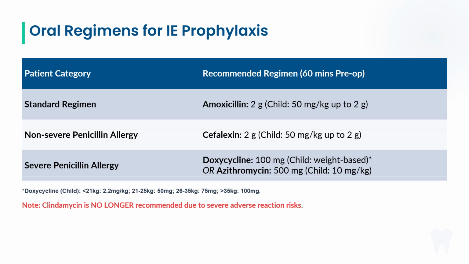For a patient with non-severe penicillin allergy, you can give cephalexin 2 grams, and child 50 milligrams per kg body weight. A patient who has a history of severe penicillin allergy, you have to go with doxycycline, which is 100 milligrams, or azithromycin, 500 milligrams.